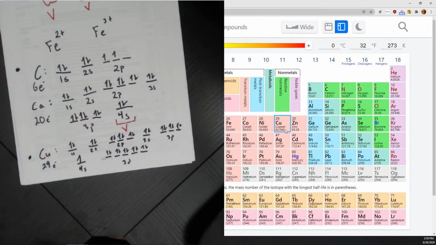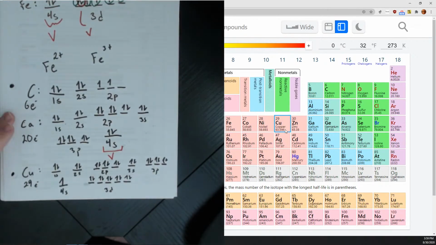All right, so those are the orbital filling diagrams for carbon, calcium, and copper.